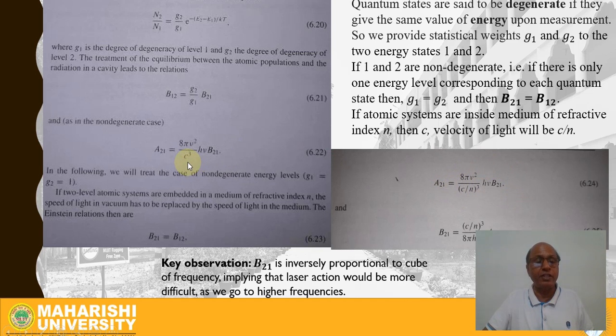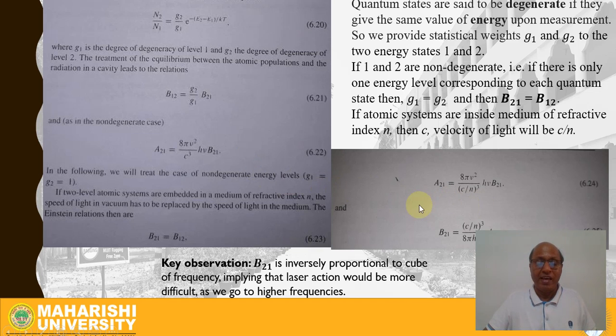As you can see here, the denominator c is replaced by c by n, right? Since we are more interested in knowing the B21 value, because we want stimulated radiation to be explicitly defined, this equation is converted into B21 equal to so much. So these are the Einstein relations for a refractive index medium. But otherwise, you can use your relation at this level also, depending upon the case.